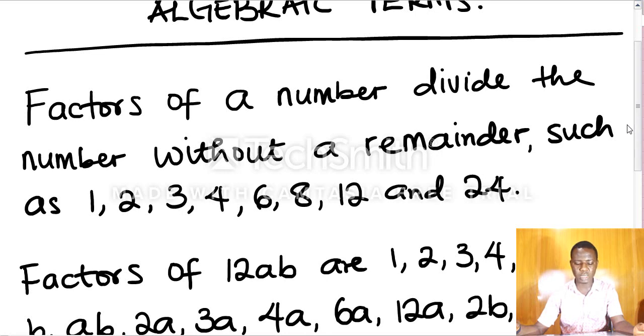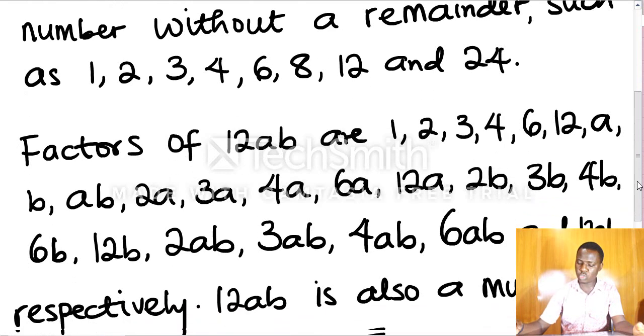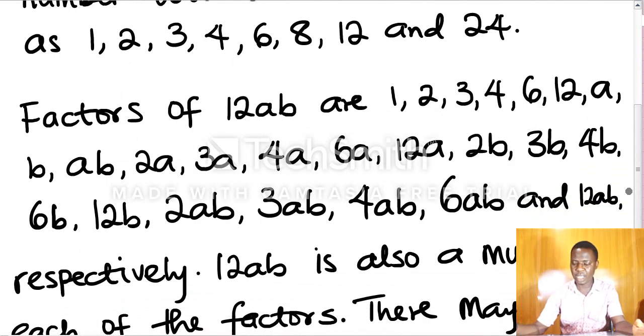such as 1, 2, 3, 4, 6, 8, 12, and 24. Factors of 12AB are said to be 1, 2, 3, 4, 6, 12, A, B, AB, down to 6AB, to 12AB.